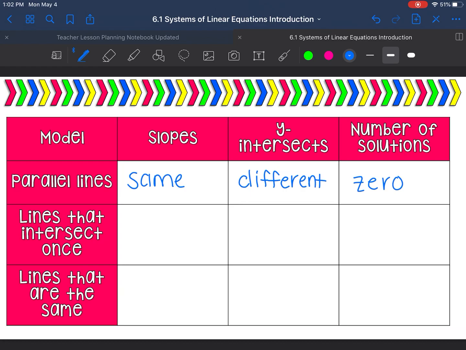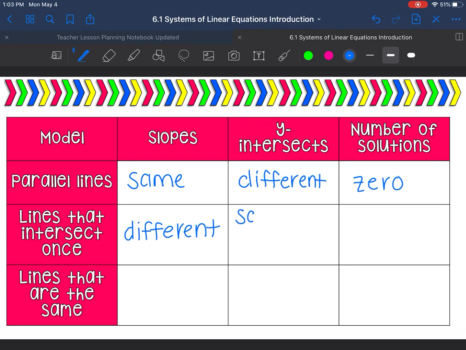Remember, this whole thing is about figuring out when these lines are going to intersect and when they are not. So what about lines that intersect once? They intersect at one point only. What kind of slopes do they have? Well, they have to have different slopes, because they cannot intersect if they don't at least have different slopes. What about y-intercepts?